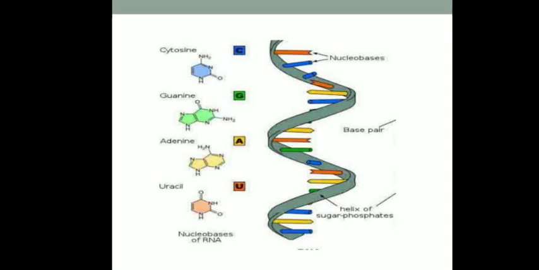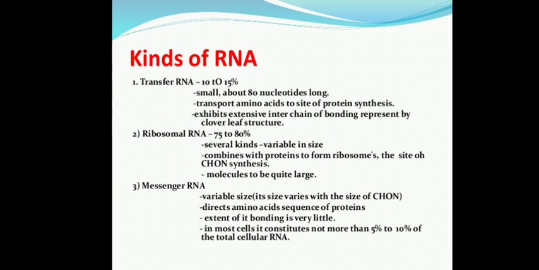In other cells, RNA is non-genetic material, and there are three types of RNA which play a vital role inside the cell, which include mRNA, rRNA and tRNA. We'll study all these three types of RNA in detail. First one is tRNA.